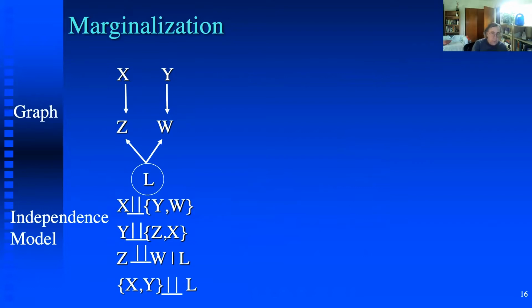Let me just say, if we step back and move to a higher level, we can think that we are really dealing with 4 different kinds of models simultaneously. We are dealing on the one hand with a graph, which is just an object with a bunch of vertices and a bunch of edges. We're dealing with an independence model, which is a bunch of independence relations that we have associated with the graph.